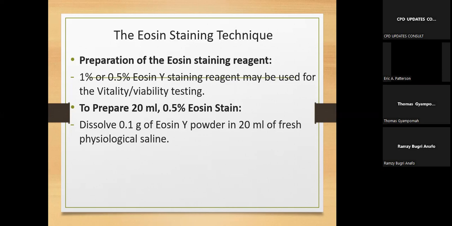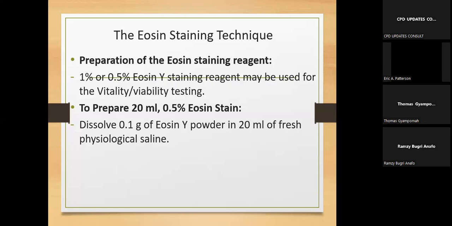Remember, this is a powder. If you are preparing 0.5%, it means 0.5 grams in 100 mils.